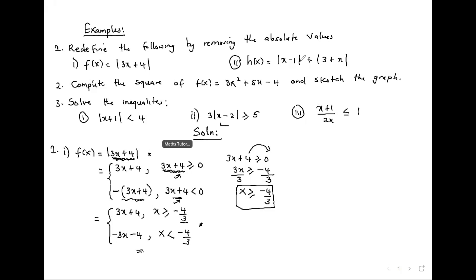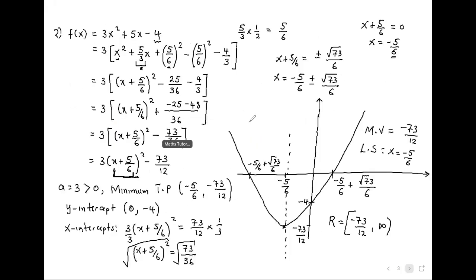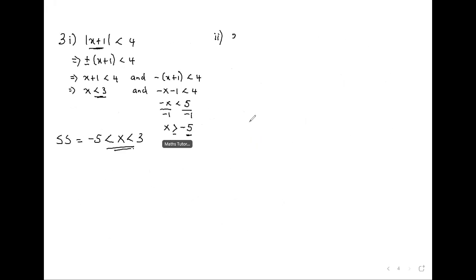We have another one here: |3x - 2| greater or equal to 5.